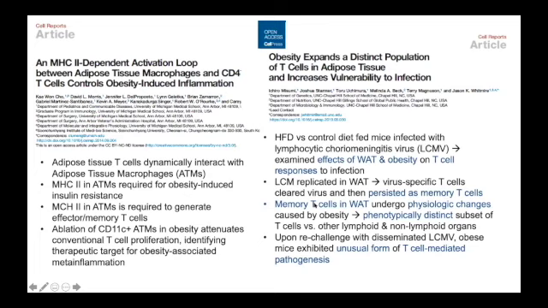These memory T cells then underwent physiologic changes that were caused by the obesity, making them phenotypically distinct from T cells in other lymphoid organs as well as non-lymphoid organs. And then interestingly, upon re-challenge with a variant of the virus, the obese mice exhibited unusual forms of T cell-mediated pathogenesis.